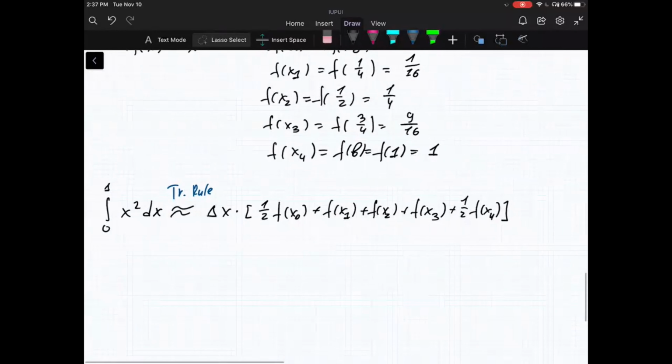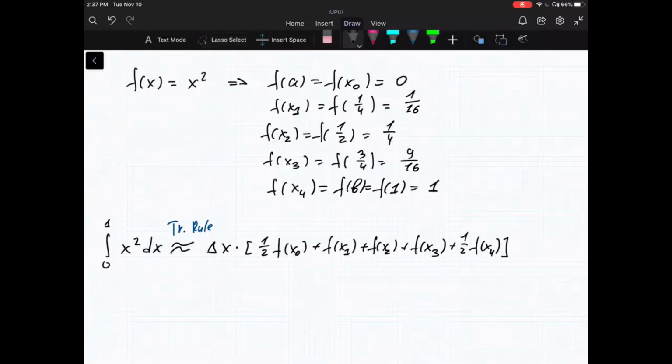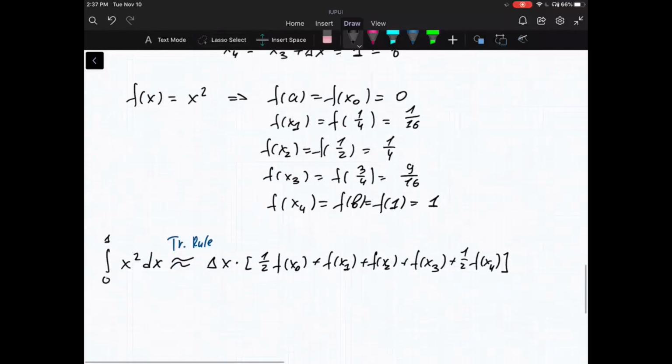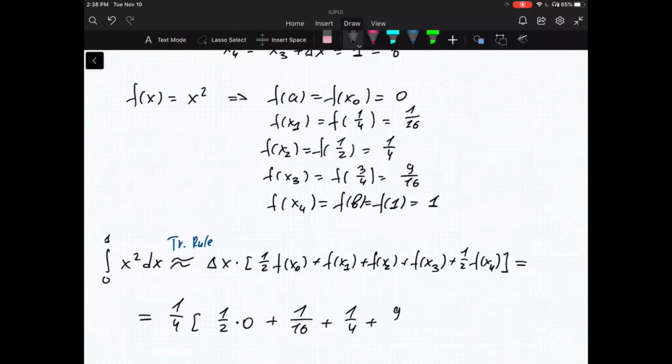And we just calculated all the expressions that we needed. So delta x is 1 over 4, times 1/2 f of x0, which is the same as f of a, which is 0, plus f of x1, which is 1 over 16, plus f of x2, 1 over 4, plus f of x3, 9 over 16, and 1/2 of the last one, which is just 1.